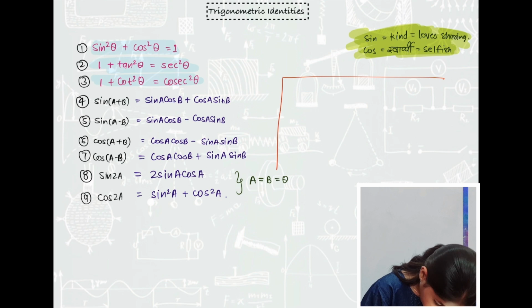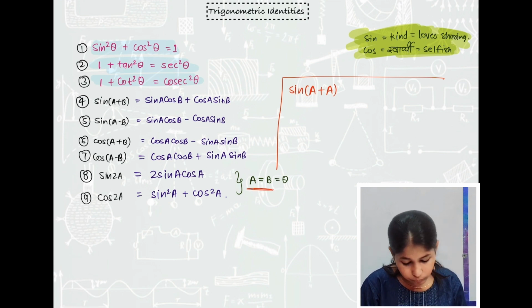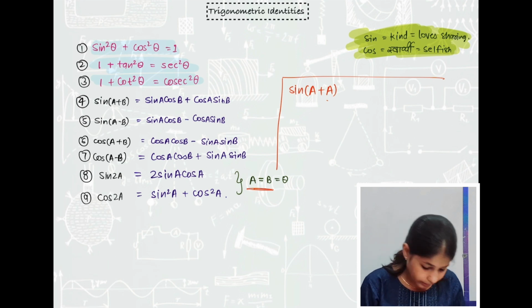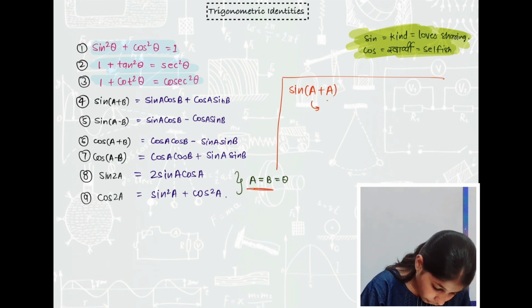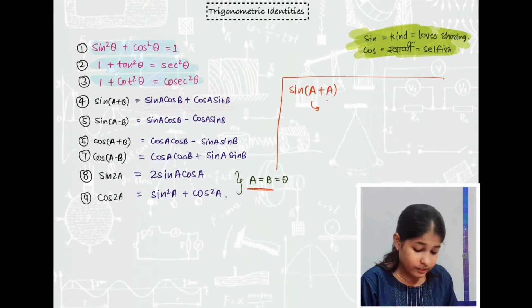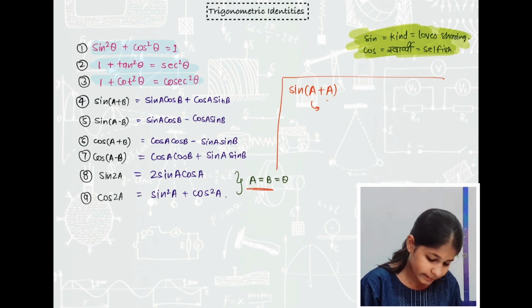If I write sine a plus a, because I'm just separating it, as I have already told you that a is equal to b, so in the place of b I am writing a. So what you will get according to this formula, this trick, the path it is following, we are going to follow that same path.